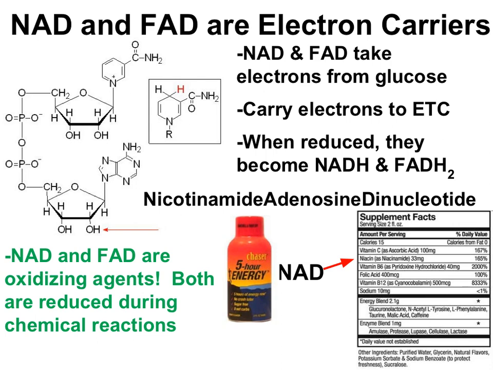When those compounds become reduced, or when they gain electrons from glucose, that's when they become NADH and FADH2. Think about those electrons as being attached to the hydrogen, and that's why they get a hydrogen as well. NAD is actually more commonly called niacin, and you can find niacin on nutrition labels for a whole bunch of different things, including this 5-hour energy.